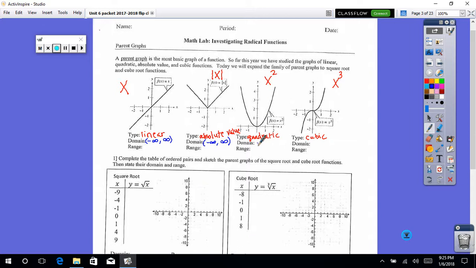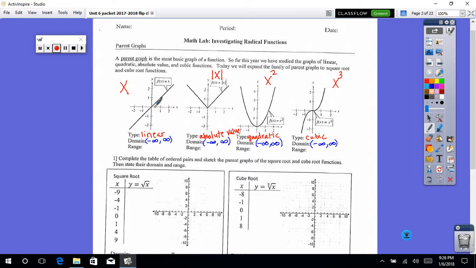Quadratic, same situation. Remember, just because our graphs stop here, this quadratic graph is slowly getting wider and wider, just like the absolute value is. And our cubic, getting wider and wider the further you go in either direction.